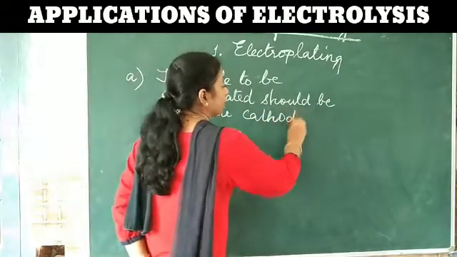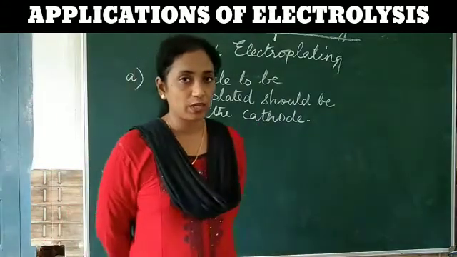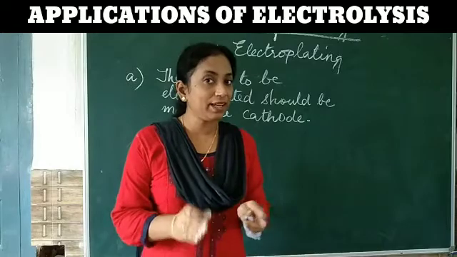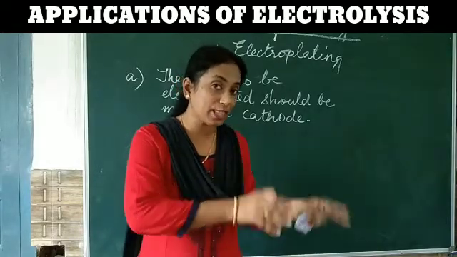Why? Because we know, already you have seen 4 examples of electrolysis. You know that during electrolysis, the metal gets deposited where? The metal gets deposited always on the cathode.